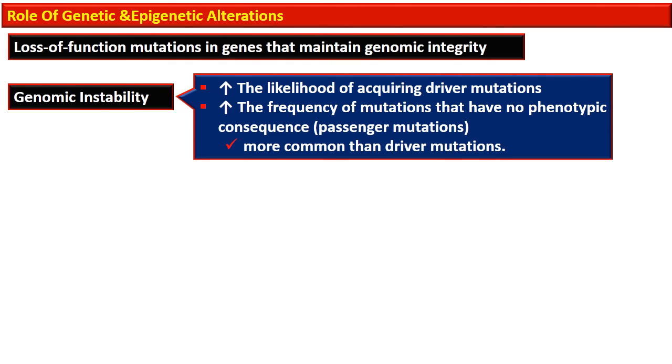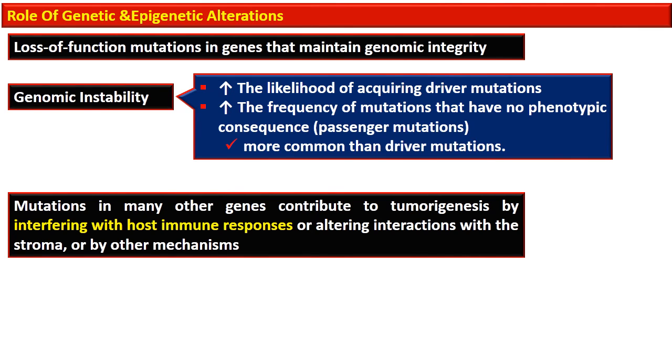These mutations are termed passenger mutations. These passenger mutations are more common than the driver mutations. Then another theme is that mutations in many other genes contribute to tumorigenesis by interfering with host immune response or altering interaction with the stroma or by other mechanisms.